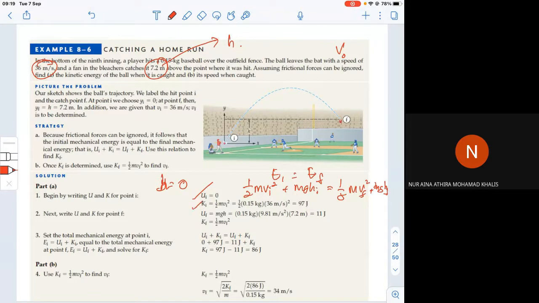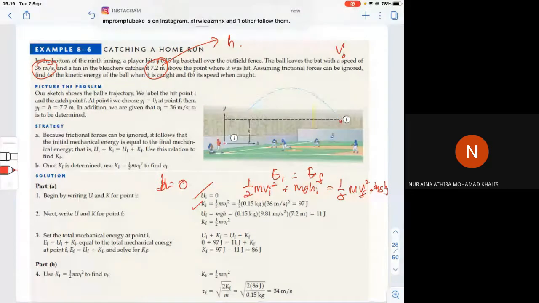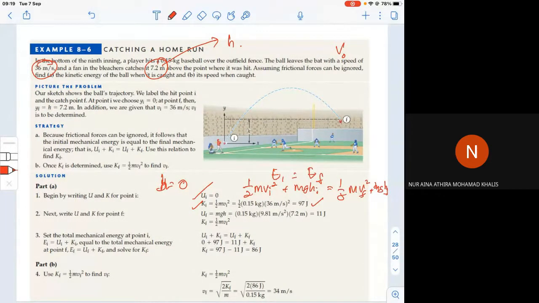Kinetic energy is half m v initial squared, which gives us 97 joules. Then we have potential energy because it has been lifted from 0 to 7.2 meters, which becomes 11 joules. And kinetic energy final is half m v final squared.